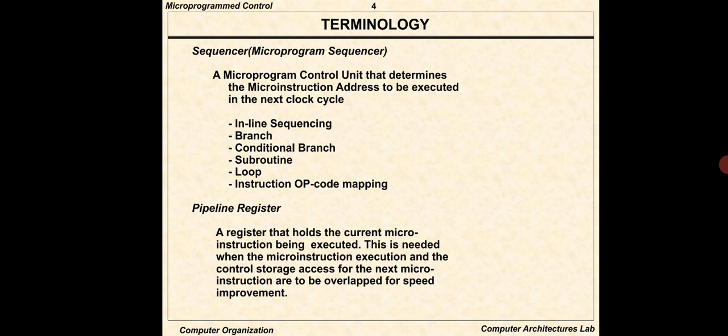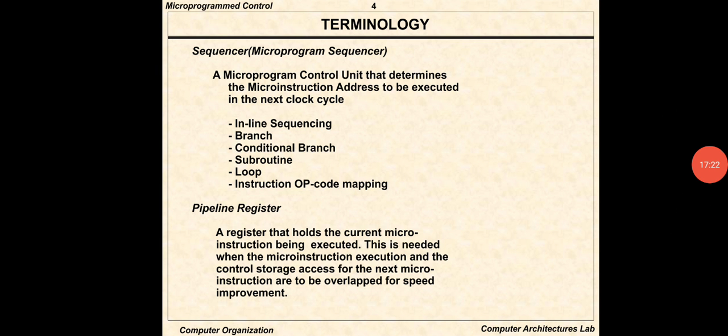That sequencer has been classified into different types. First one is inline sequencing, second is branch sequencing, third is conditional branch sequencing, fourth is subroutine sequencing, fifth is loop sequencing, and the sixth one is instruction opcode mapping.